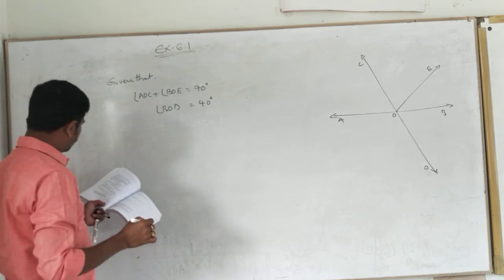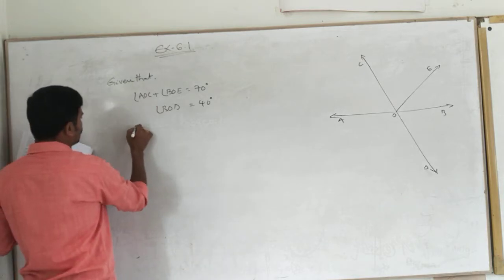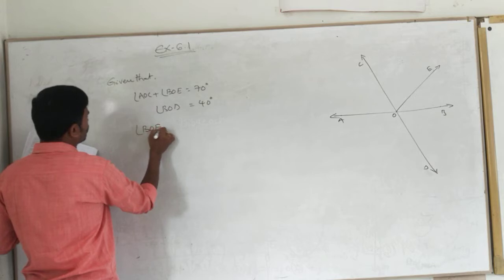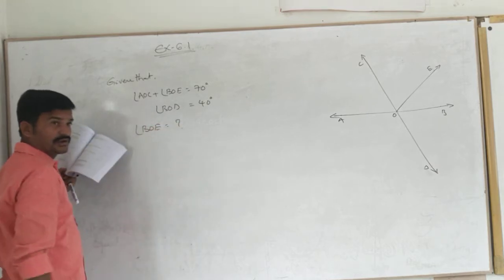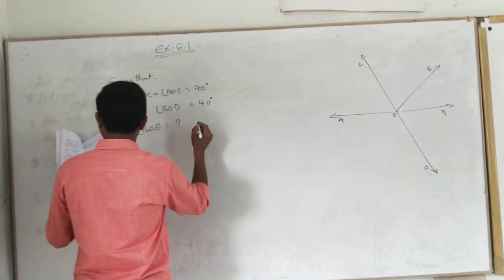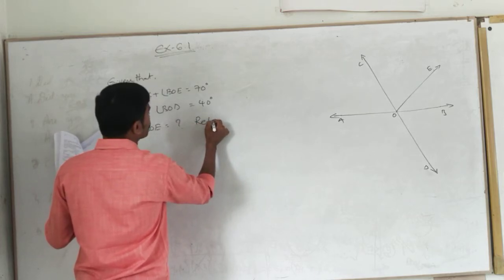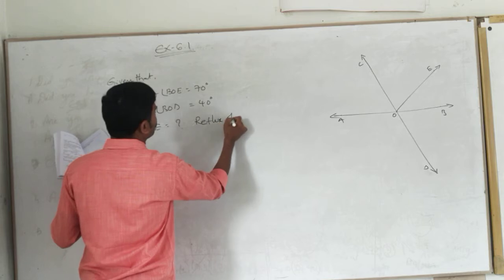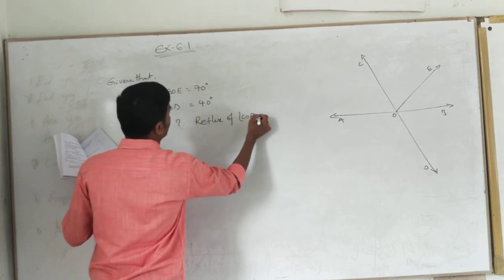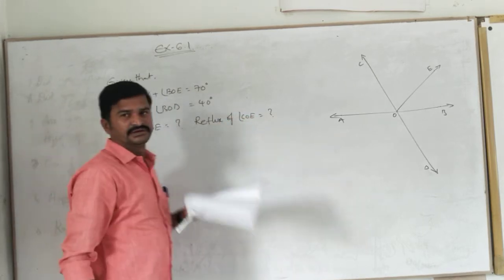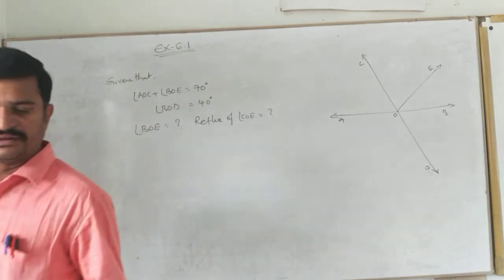Then he asked to find angle BOE, angle BOE equals question mark, and also the reflex of angle COE. This is the question, isn't it? Let us see.